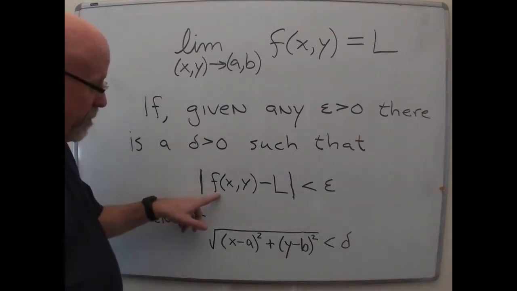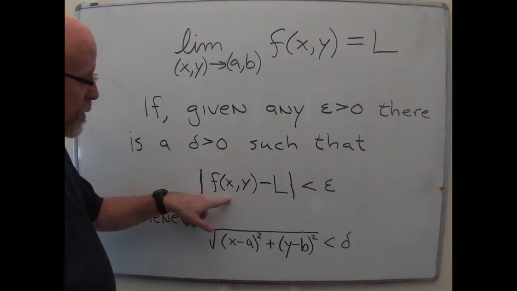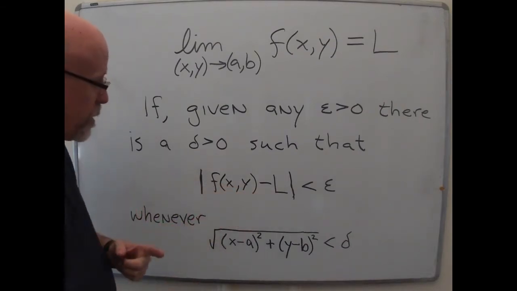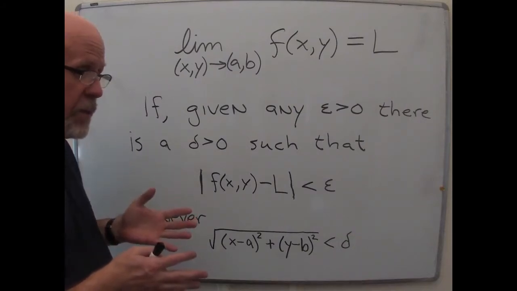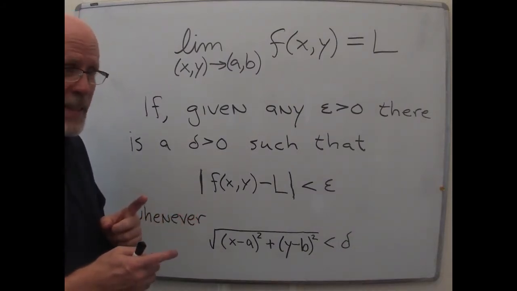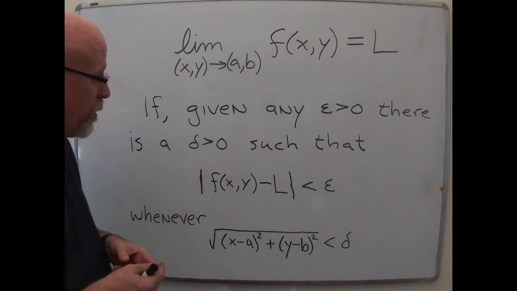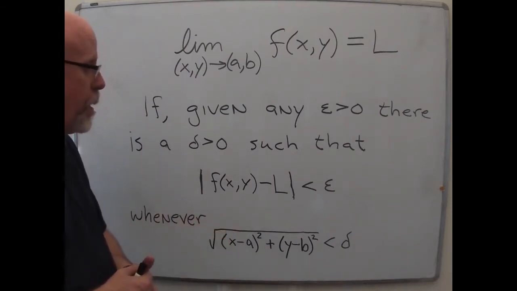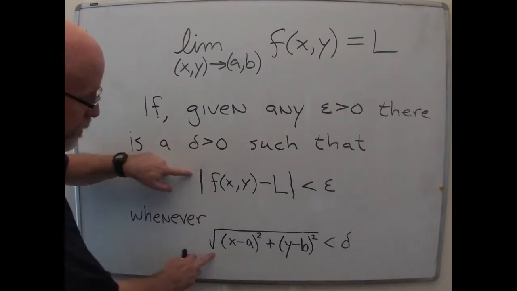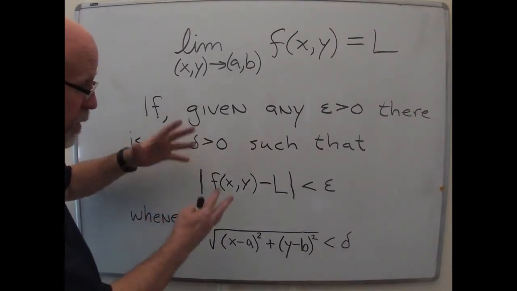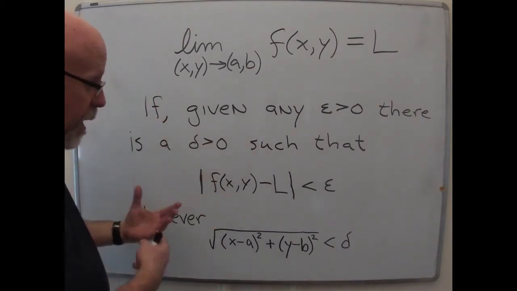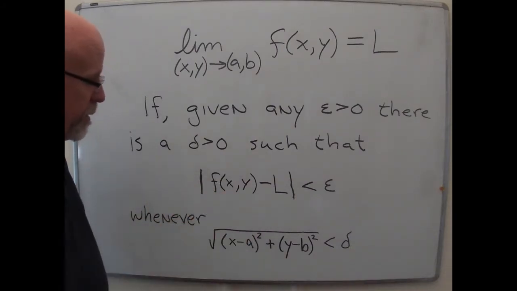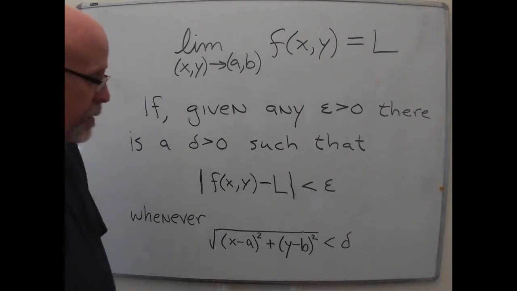The z coordinate, or the output of these functions, and the number L, those are just single numbers. So how do we talk about the distance on a one-dimensional axis? It's just the absolute value of the difference. So both of these things, while they look different, are just how to get distance in the context you're dealing with. If you've got single numbers, you subtract them and then take the absolute value because distance should be positive.